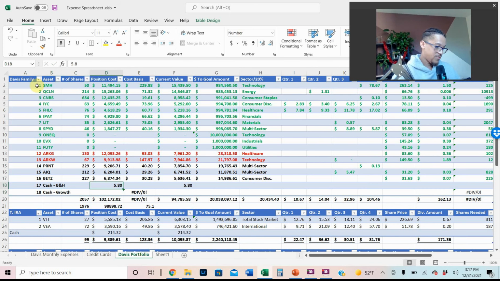Cash for growth is a whopping 13 cents. And then cash for the buy and hold is 135.35. All righty, cool.